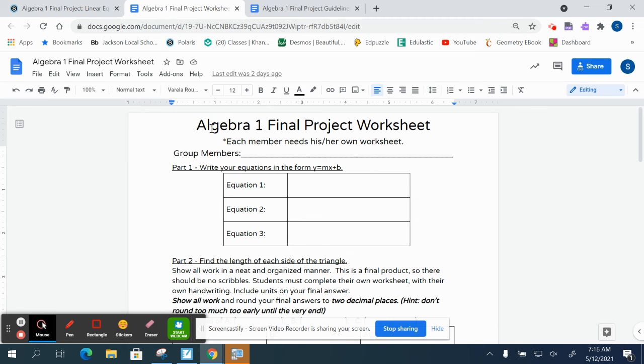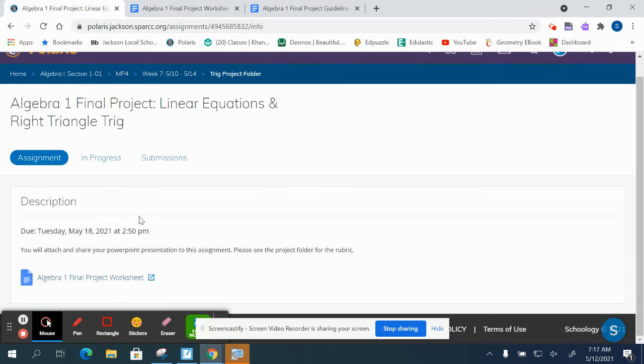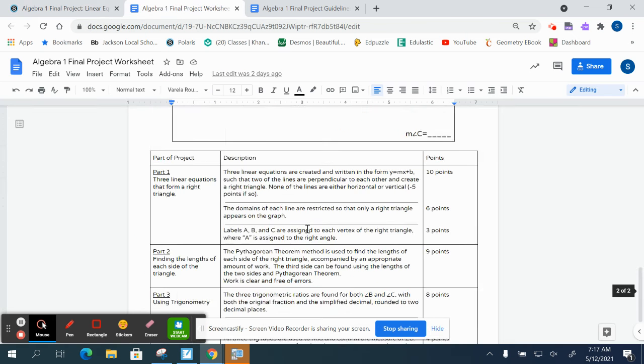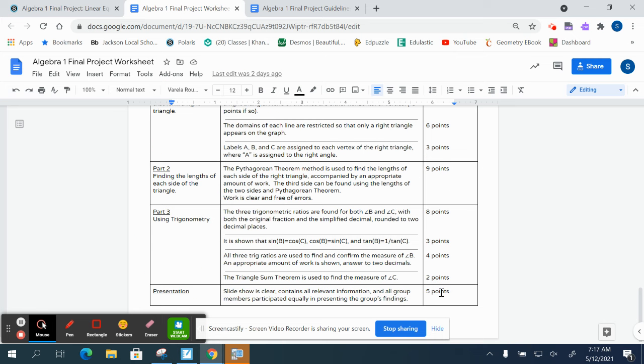So you'll complete that. You will also be organizing all of your work into a Google slideshow. So you'll also attach your Google slideshow to this assignment. And then finally, the presentation part of it is worth 5 points. Instead of presenting to the class, for e-learners you'll make a Screencastify or some other video recording.